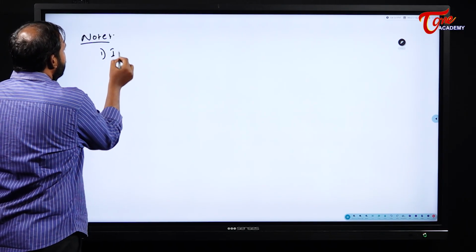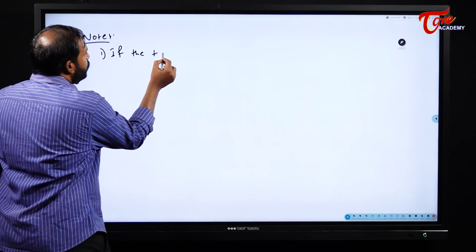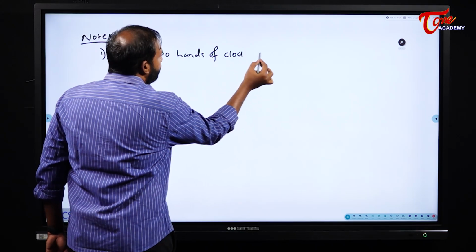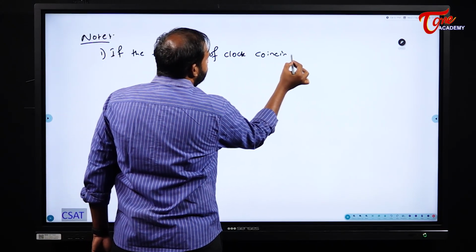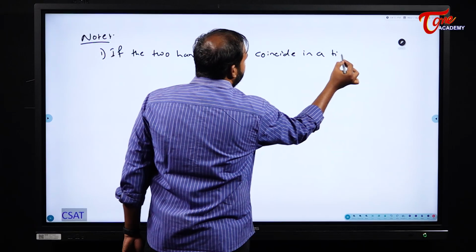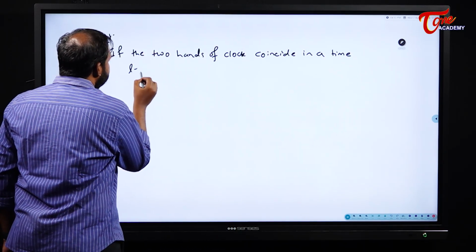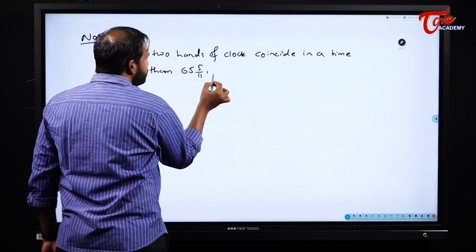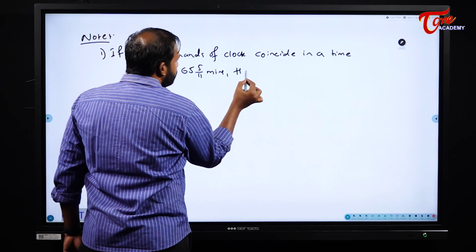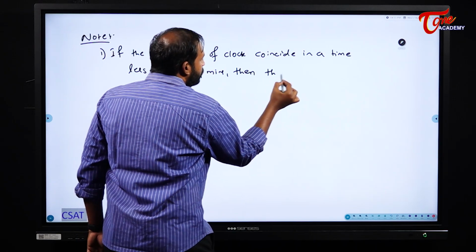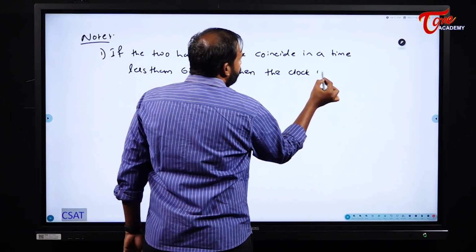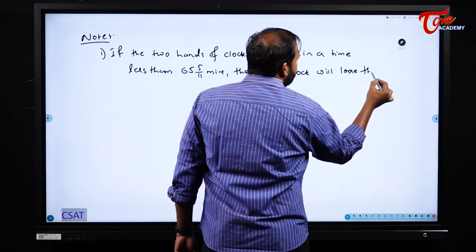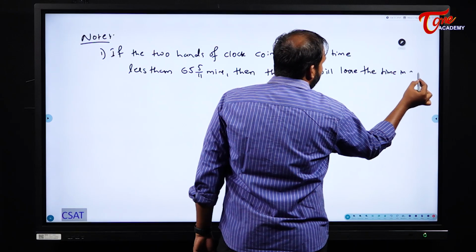First one: if the two hands of the clock coincide in a time less than 65 5/11 minutes, then the clock will lose the time in a day.